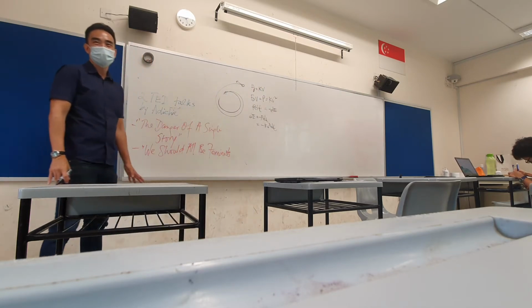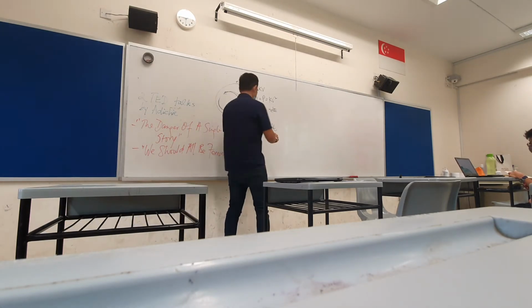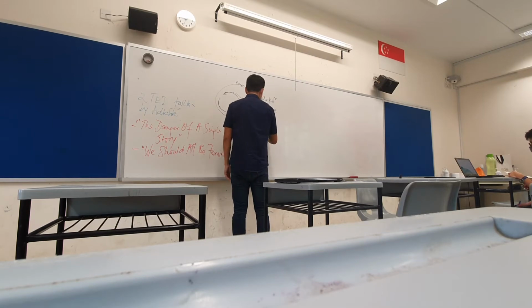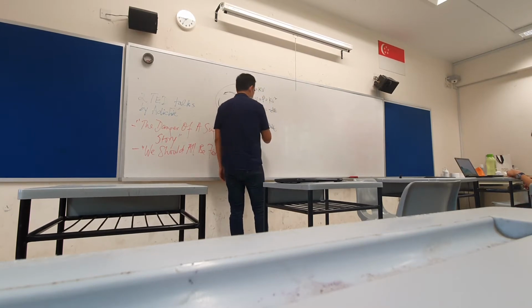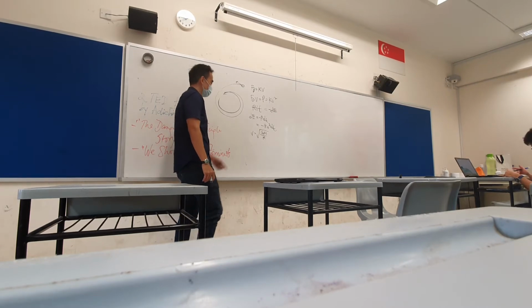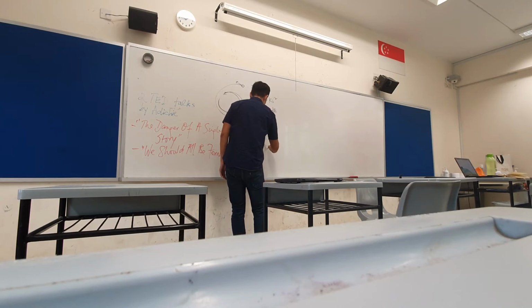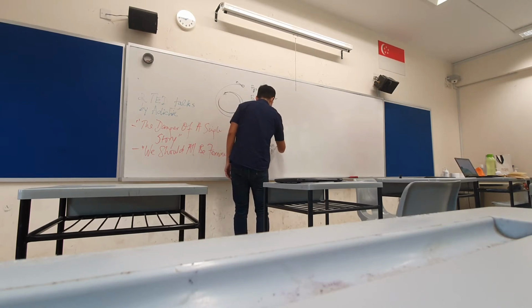Now remember your orbital speed, V equals root GM upon r. So therefore, kV squared will give you a rather nice equation, which is kGM upon r.